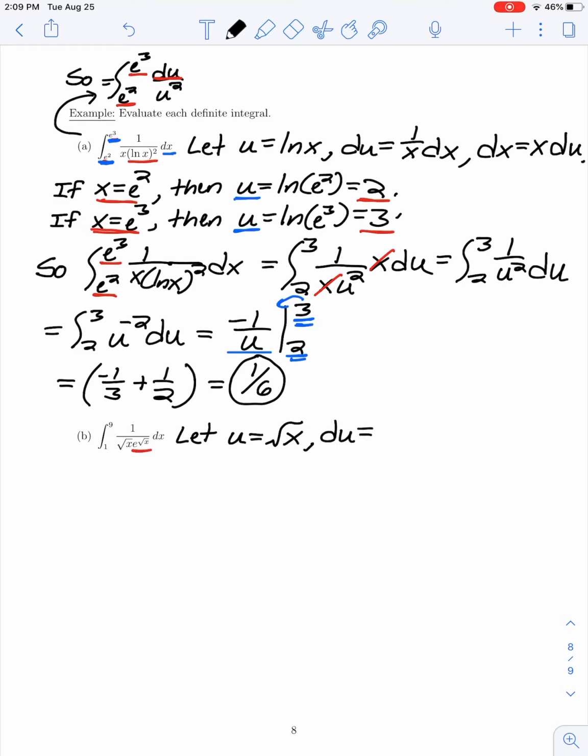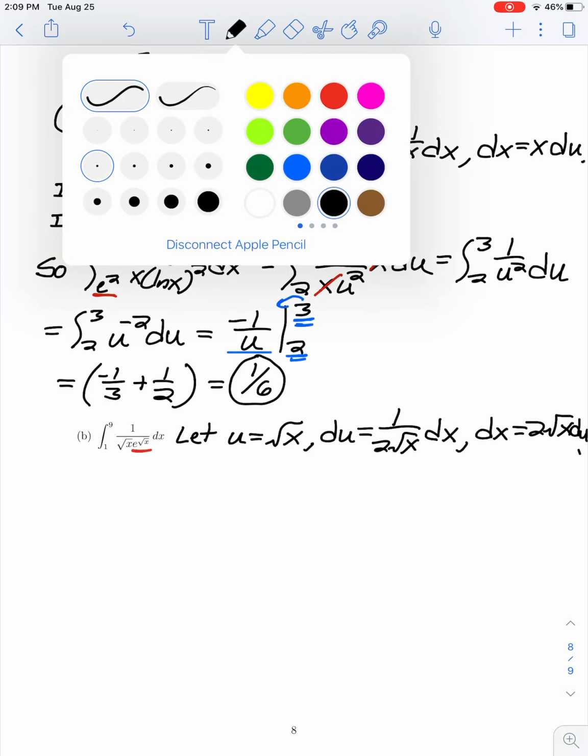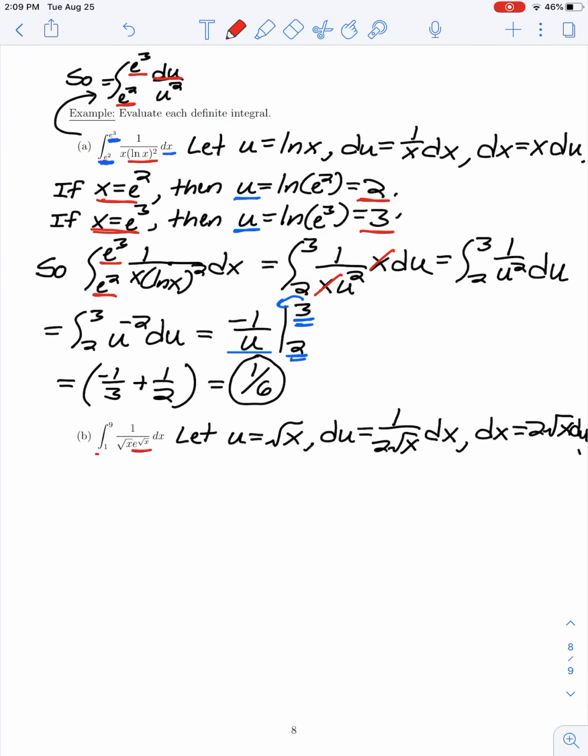So the differential of u is then 1 over 2 times the square root of x times dx. And so solving for dx, I would have 2 times the square root of x du. Now, because this is a definite integral, I also need to change my limits of integration, that is 1 and 9, from values of x into values of u.